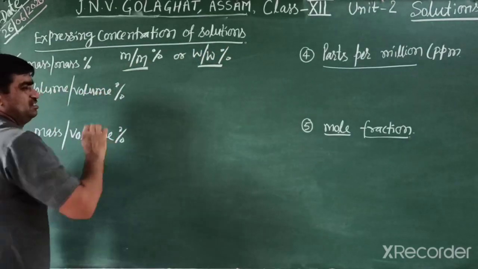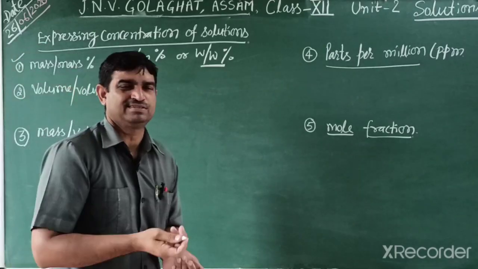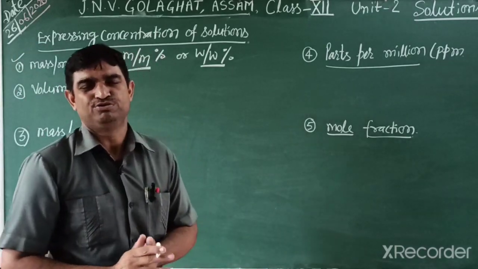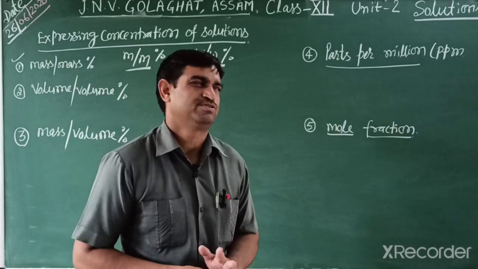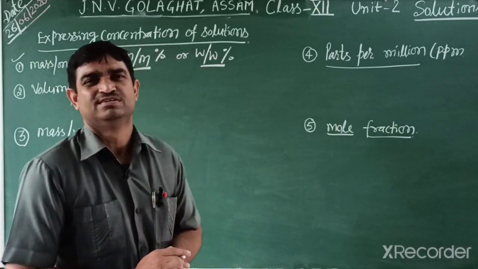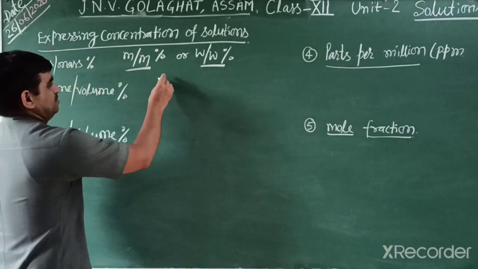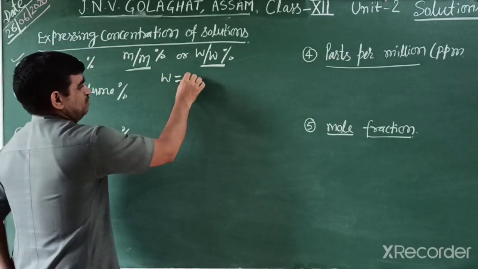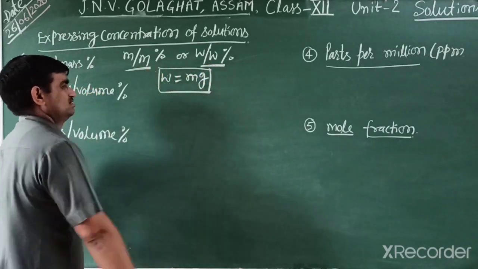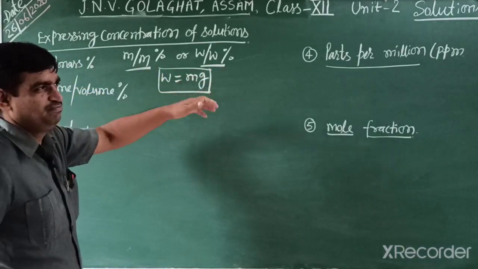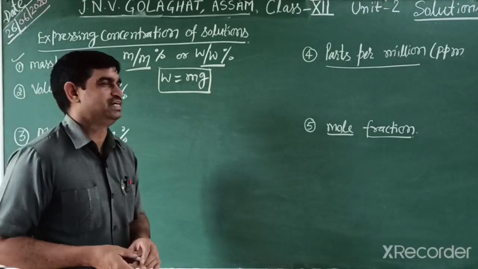But there is a difference between mass and weight. In 9th class, mass is an absolute property. It does not change from place to place; it remains constant. But weight changes due to gravity, because W equals mg. You already studied this in physics in 9th class. So that is mass, and here we are taking weight.